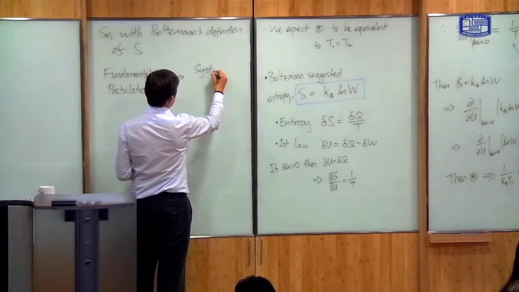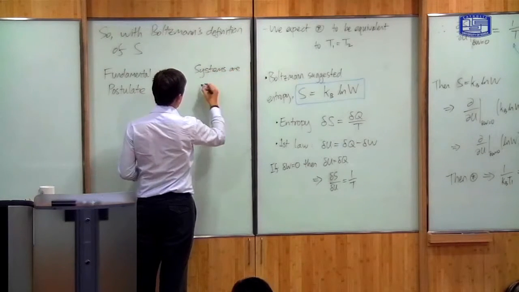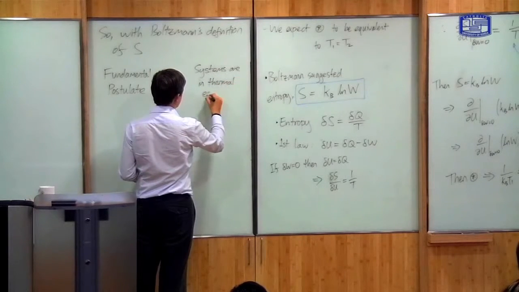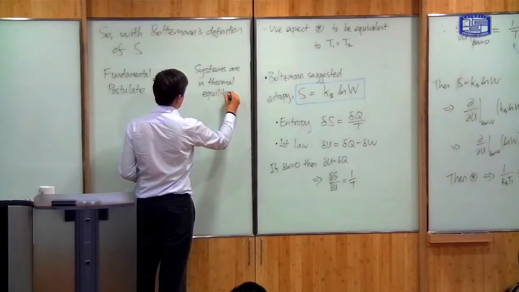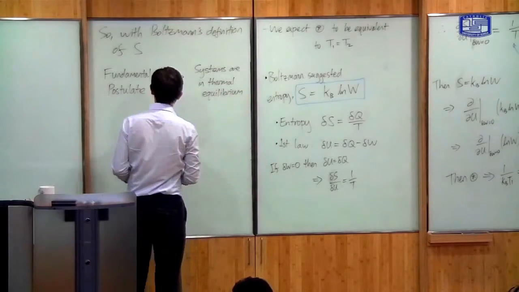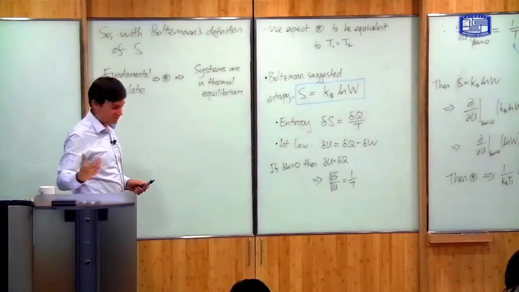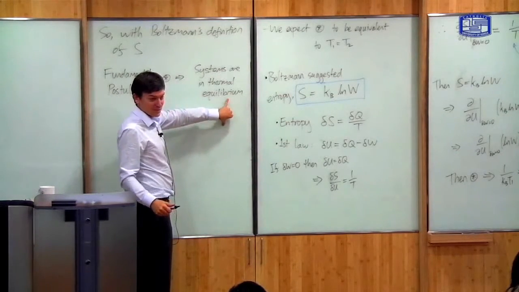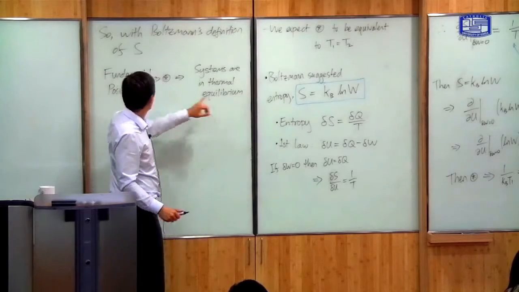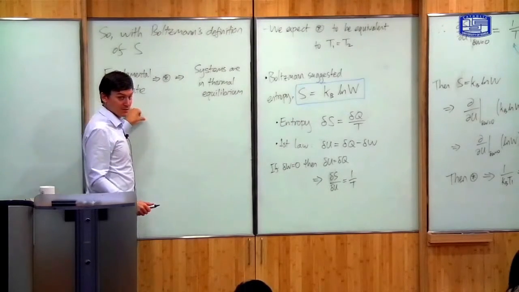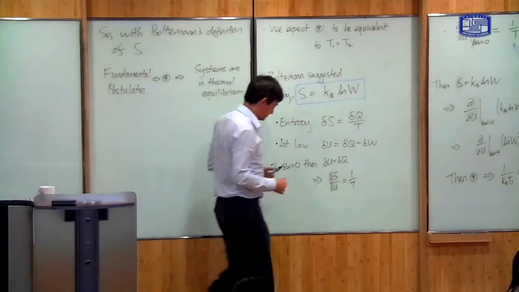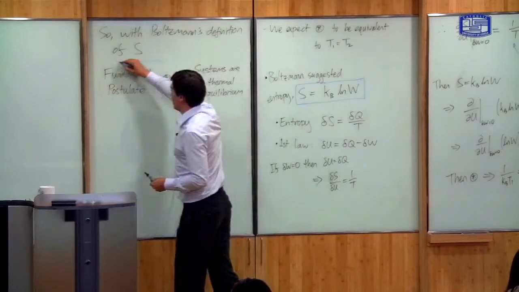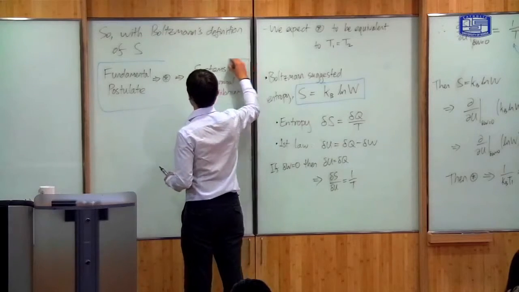So this implies that the systems are in thermal equilibrium. This is the fundamental connection between the thermodynamics of a system, how its temperature behaves, and the statistics of a system, the number of microstates it has. And critical in deriving this was Boltzmann's definition of entropy.